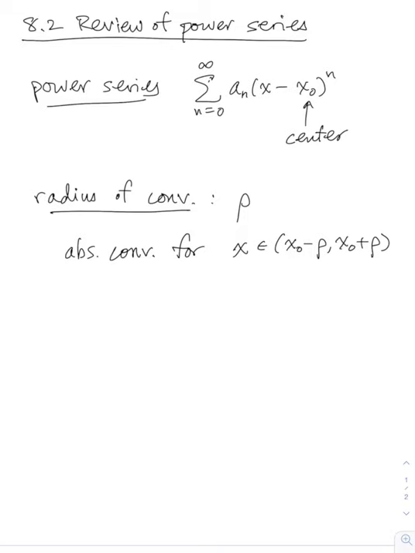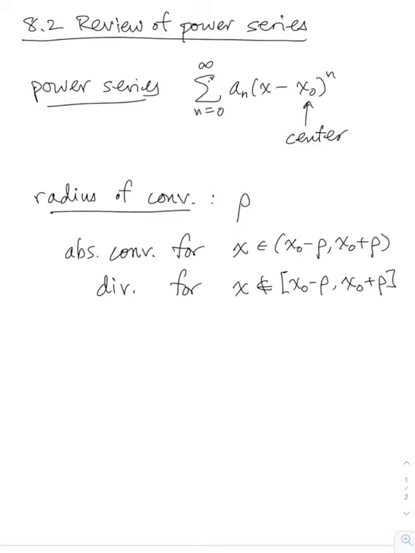If we put in any x that is a distance of less than rho away from the center, then we have an absolutely convergent series. And we have a divergent series for any x that is not in the closed interval from x0 minus rho to x0 plus rho. So if you plug in an x whose distance from the center is greater than rho, then you have a divergent series.